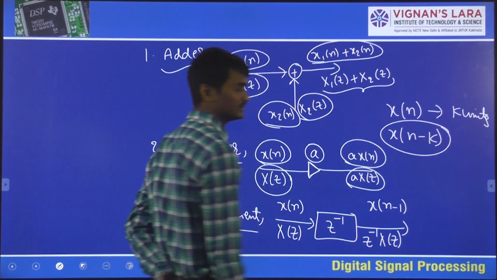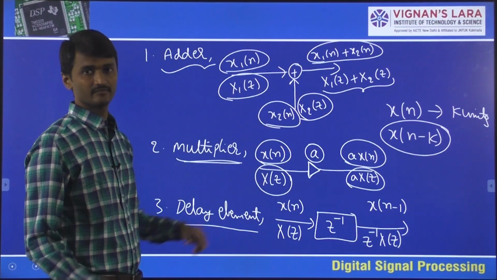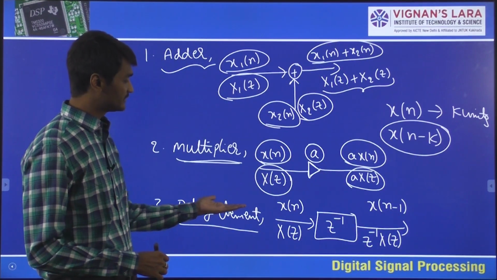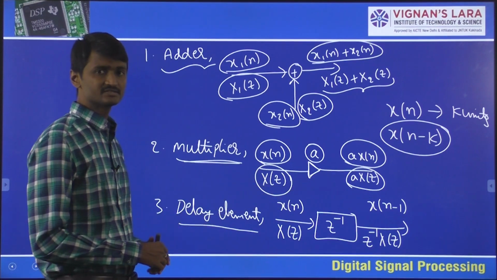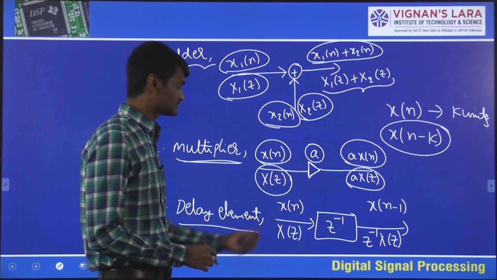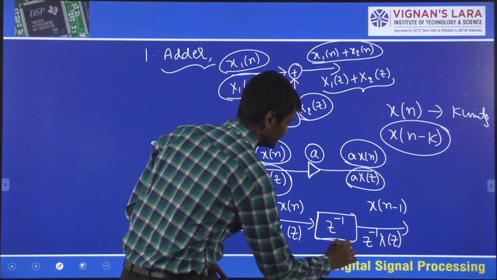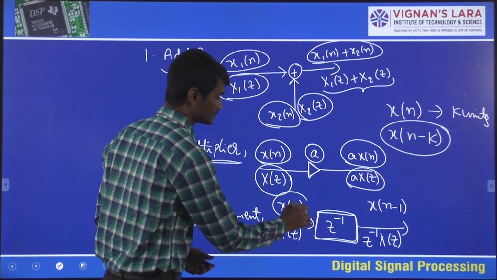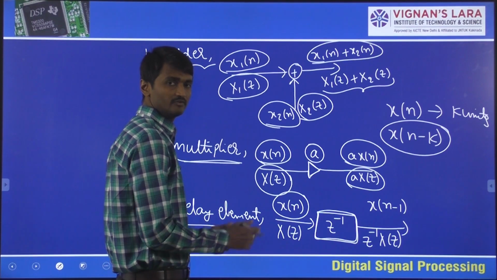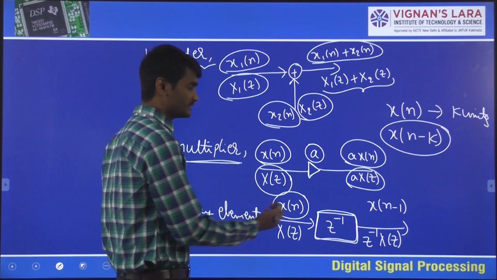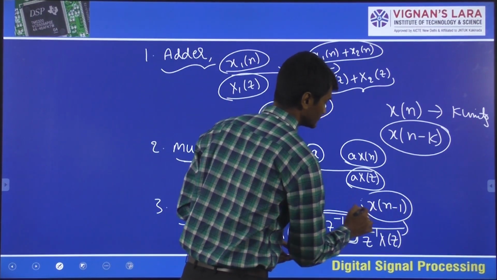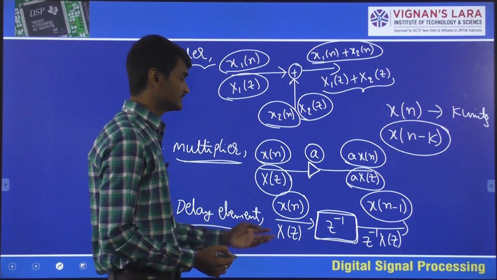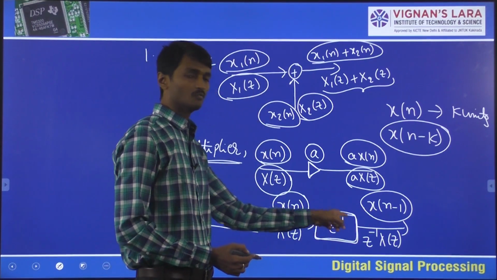So in terms of delay elements, here we use one delay element, that is z inverse. x of n is the input to that delay element. Then what will be the output of that delay element? Simply it is x of n minus 1, because x of n is delayed by 1 unit.